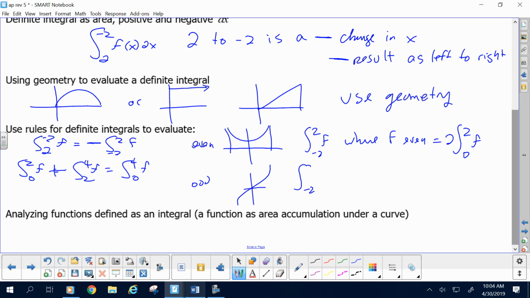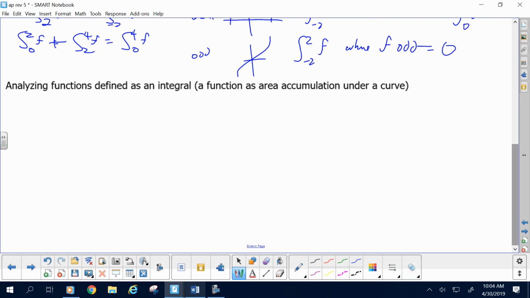If I said negative 2 to 2 of f where f is odd, then what does that have to be? It's 0. Okay, you're right. That's right.